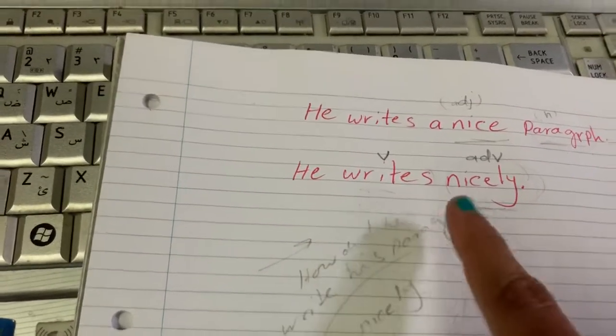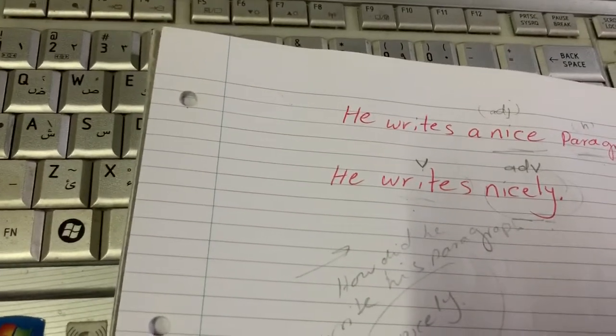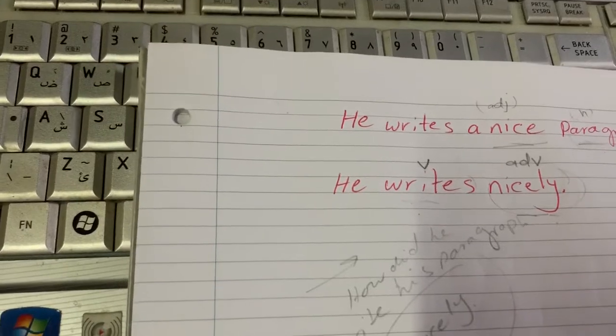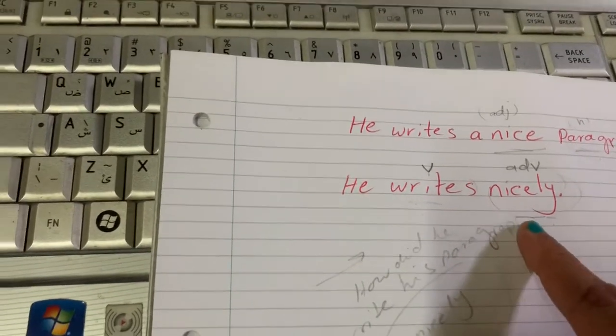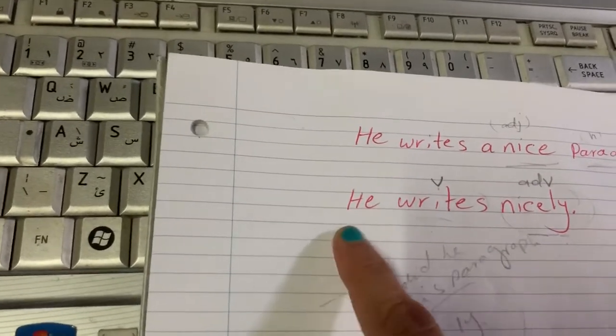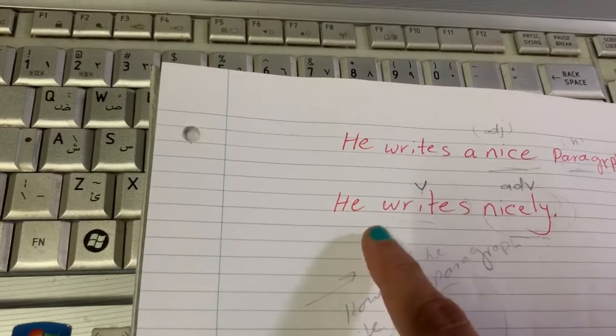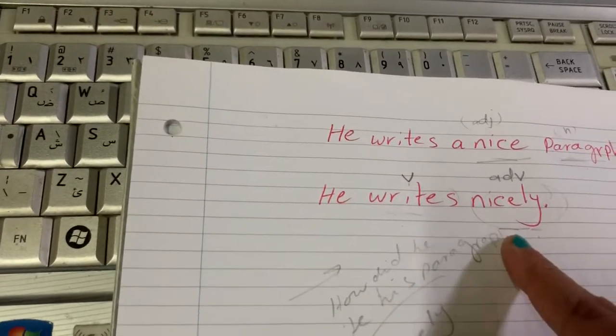It means that the adverb describes verbs, not nouns. What describes nouns, we call it adjective. What describes verbs, we call it adverb. Be careful, the adverb comes before the verb, and sometimes we see the adverb comes after the verb.